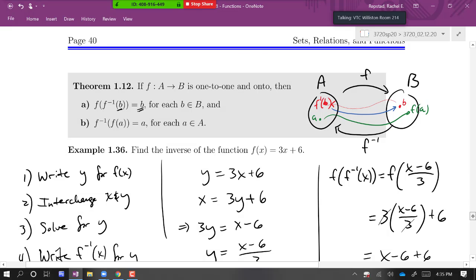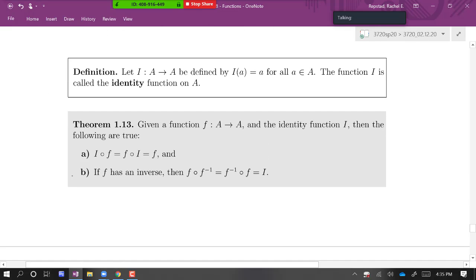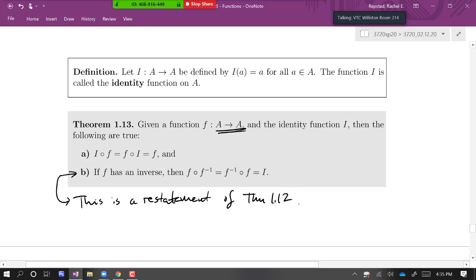And so this part here is just a restatement of Theorem 112, where the function f maps from a set to itself.